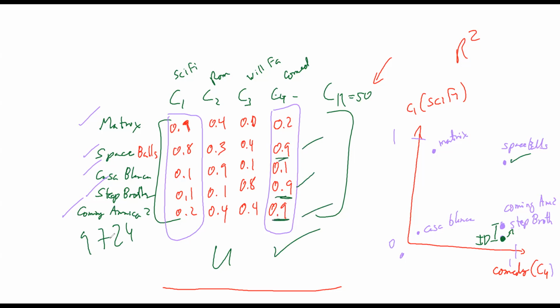Spaceballs, Step Brothers, Coming to America. You can just pick one axis if you'd like, but otherwise you can pick 50 axes, calculate distances between all the points, and then pick the ones that are closest. Does this make sense, guys? Are there any questions? No questions. It makes sense.